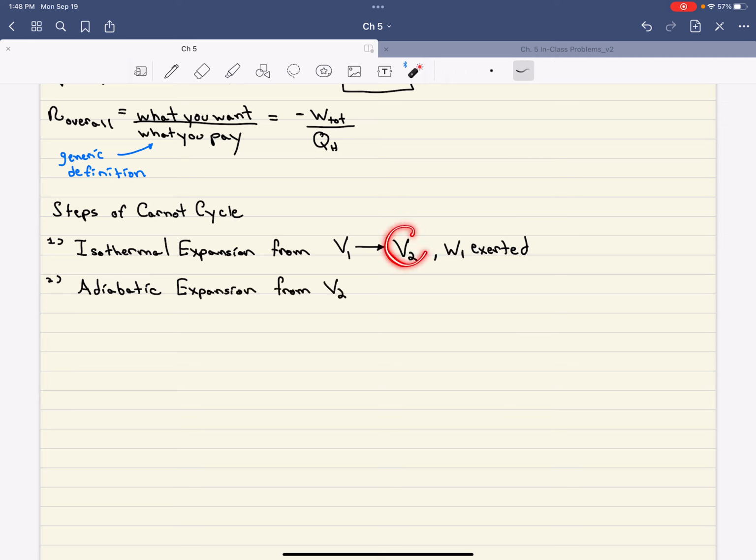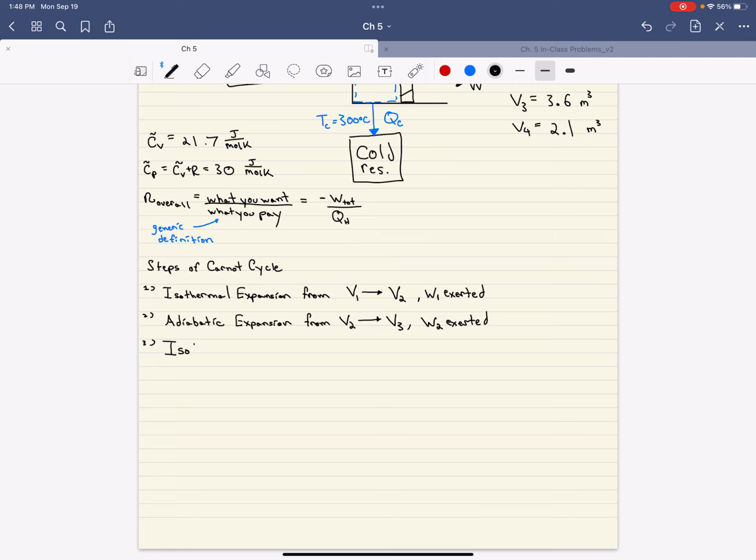Step 3 is going to be now an isothermal compression, where we go from the V3 we left off at now to some V4 that's smaller, right? And to do that, the surroundings have to supply work to the system, to our gas. And so here, the system is going to be receiving work.